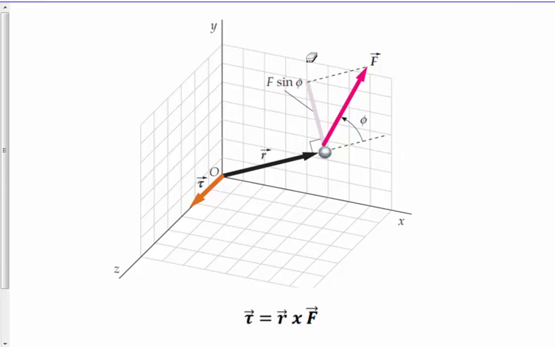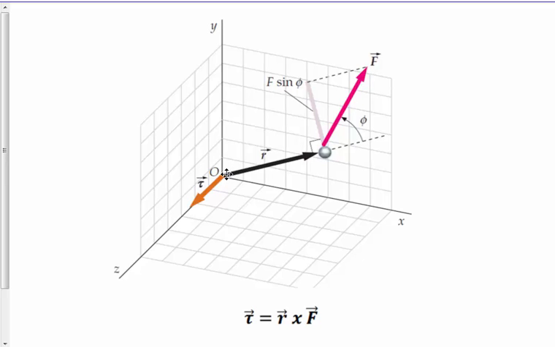When we calculate torque, we want to note that torque is always going to be the cross product of R cross product F. So if I'm trying to find out what the torque is around a certain point, I'm going to take this R vector and cross product it into the F vector.